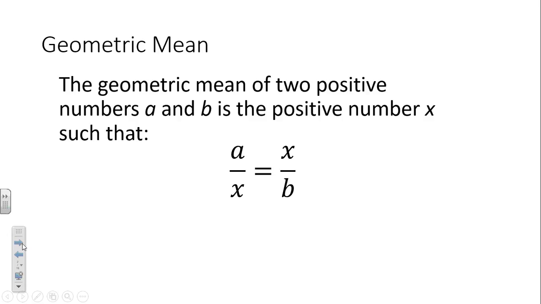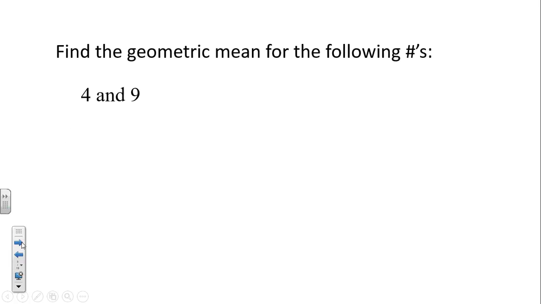So if we want to find the geometric mean between 2 numbers, between 4 and 9, your a is 4 and your b is 9. So set up the proportion for me. So Jared, what is your fraction? What does your proportion say?